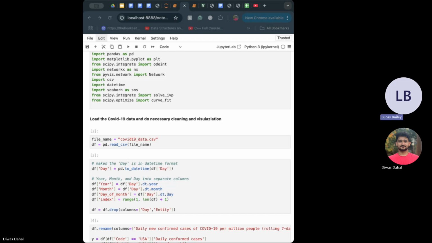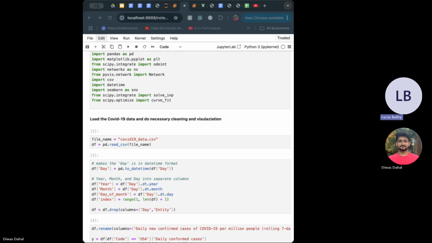Our model approach was to create a continuous time deterministic model where we use differential equations to model the outbreak of disease spread. We incorporated network-based transmission dynamics where individuals are nodes and edges represent a contact relationship.